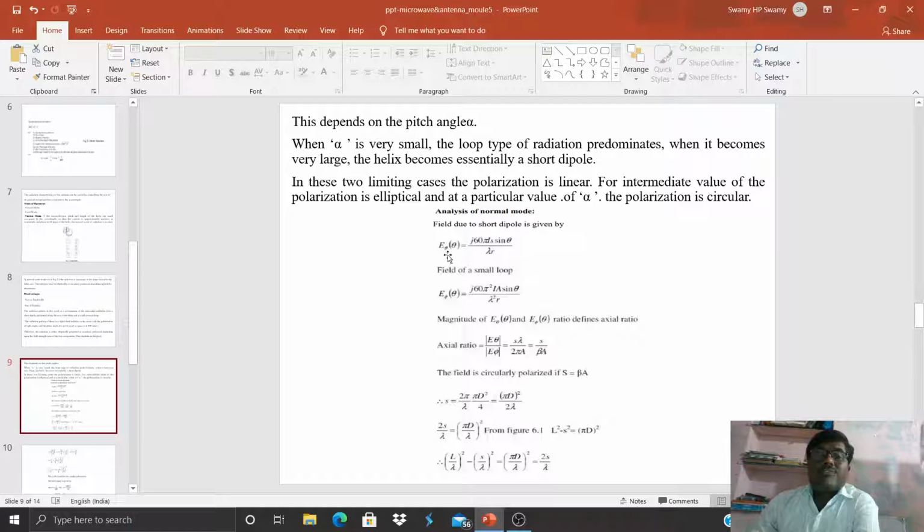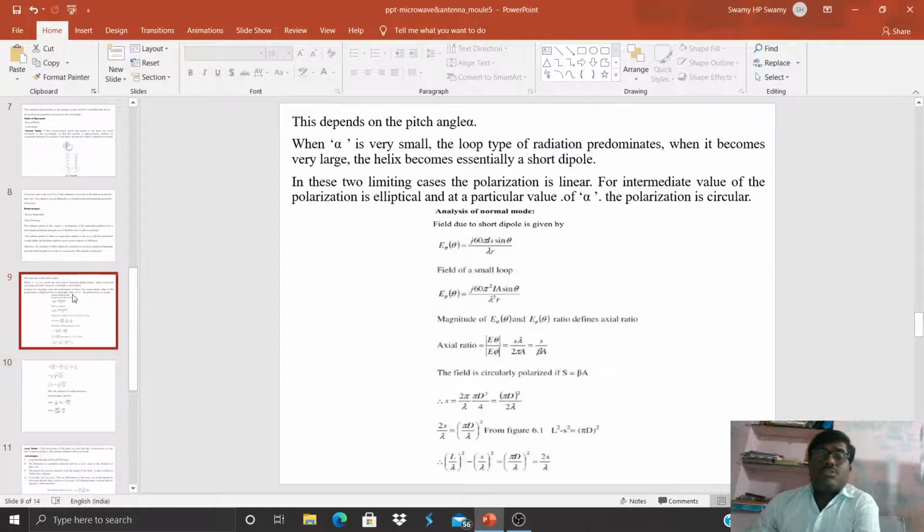And the field of a small loop in the phi direction is E phi = 60 pi squared I a sin theta divided by lambda squared r.